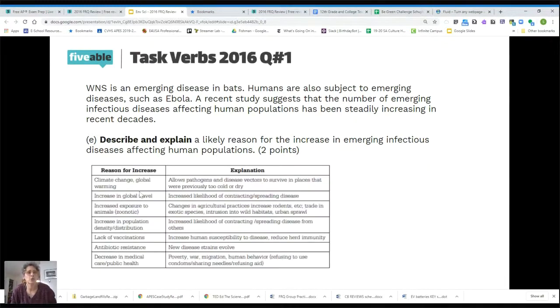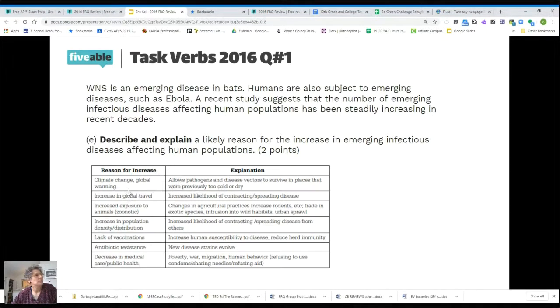All right, so you're looking at the scoring guidelines for this, I believe it's the 2016 question. So a sentence that includes these will get the full 2 points. 1 point will be this, having the right reason with the right explanation. So let's see how we did.